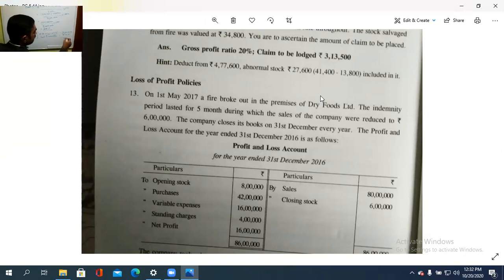So 30 lakhs is the short sale. The next is GP on short sale. We need to calculate the GP percentage on short sale. So 25 divided by 100 into 30 lakh.